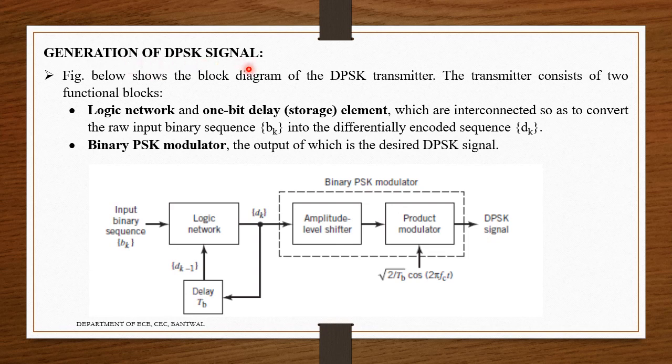Next, the generation of a DPSK signal. How this DPSK signal is generated is what I need to explain here. Here, the transmitter consists of 2 functional blocks: one is a logic network and the other is a 1-bit delay storage element, which are interconnected so as to convert the raw input binary sequence bk into the differential encoded sequence dk.